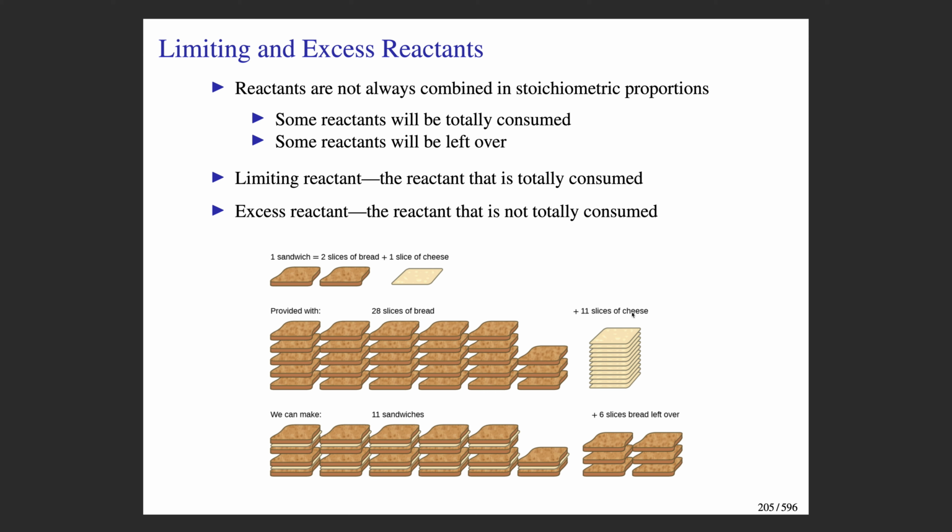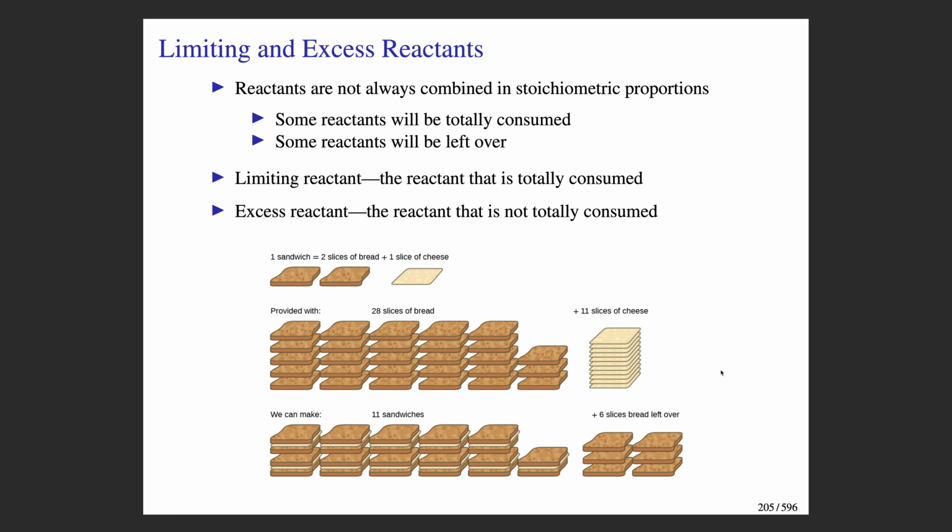The number of cheese sandwiches that you can make is going to be limited by the pieces of cheese that you have in this case, right? Once you start making the sandwiches, after you run out of cheese, you won't be able to make any more cheese sandwiches, and you're going to have some excess bread left over.